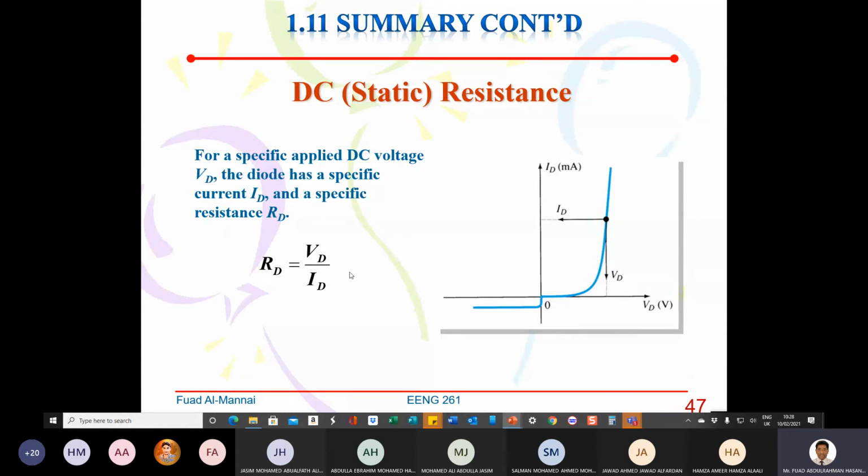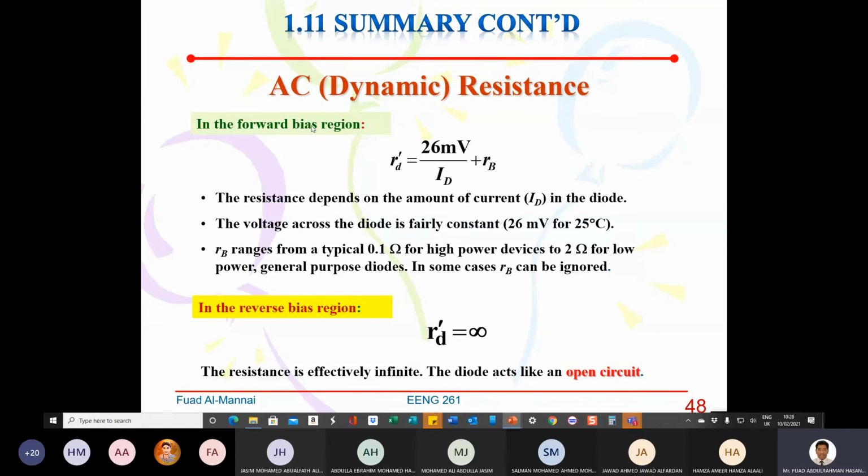Easy. If you look at the dynamic resistance in the forward bias region, RD is equal to 26 millivolt. What is this, guys? Anybody? Sorry, this is not the threshold voltage.